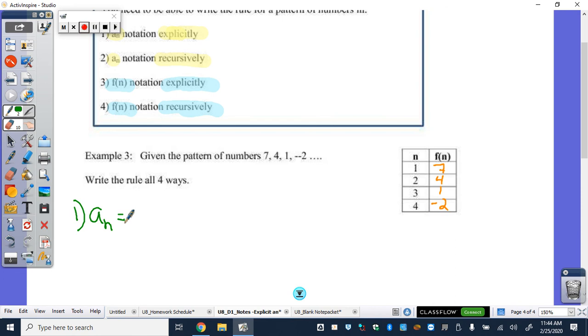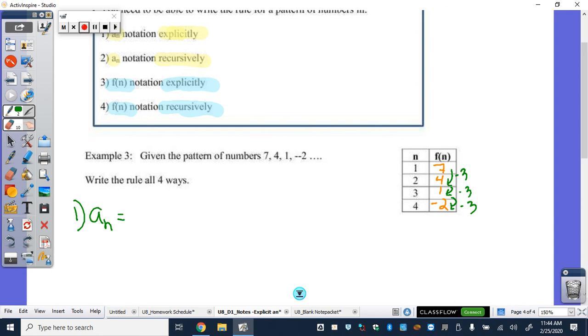So we got to figure out what's the pattern here. What is happening to turn the 1 into a 7, the 2 into a 4, the 3 into a 1? We're subtracting 3, yeah. Does this look like any kind of a function to anybody?